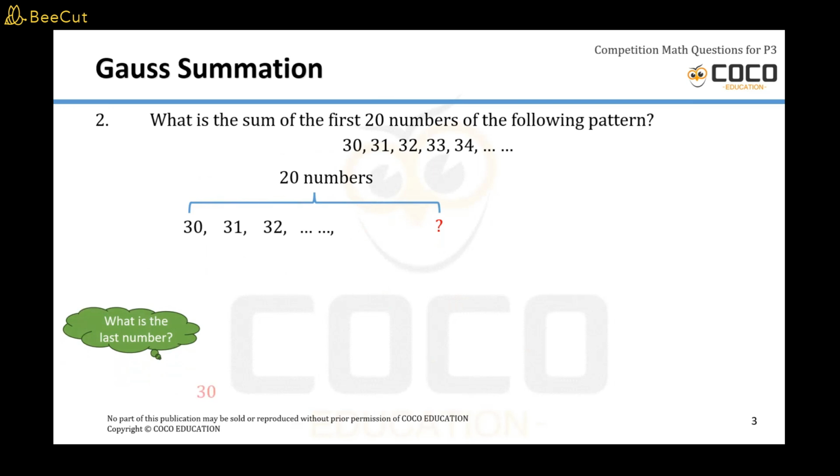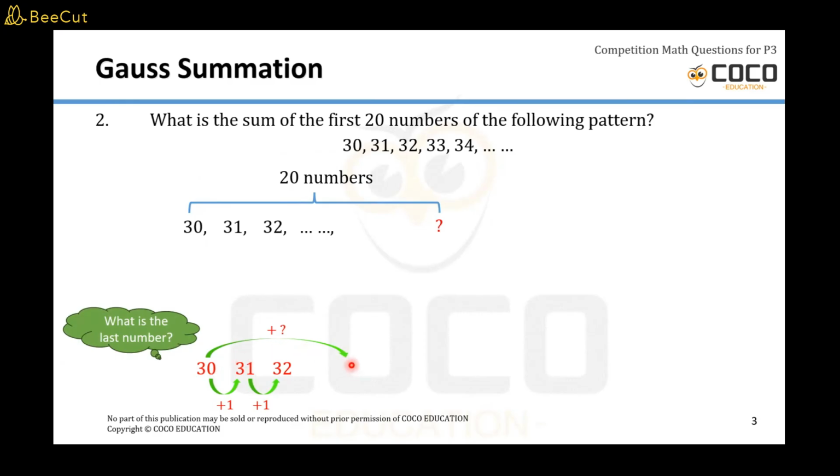From 30 to 31, we notice that the pattern is actually plus 1. So 30 plus 1 equals 31. 31 plus 1 equals 32. And all the way until the 20th number. I don't know how many times we need to add from the first number 30 until we get the 20th number.